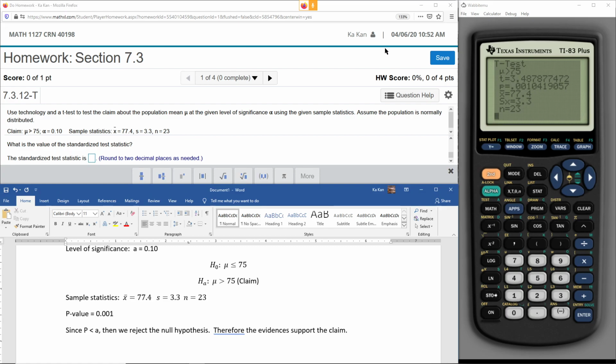The T statistic, or test statistic, equals 3.488. And round to two decimal places, so 3.49.